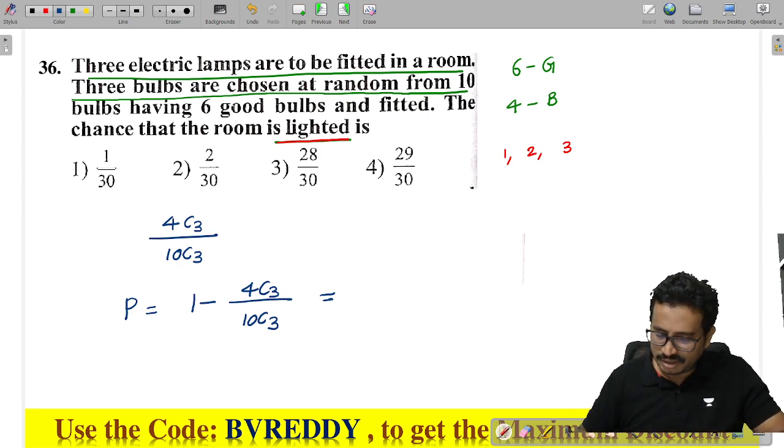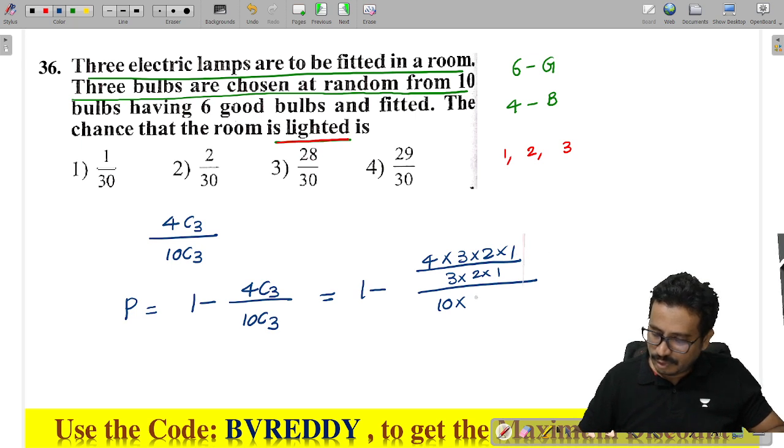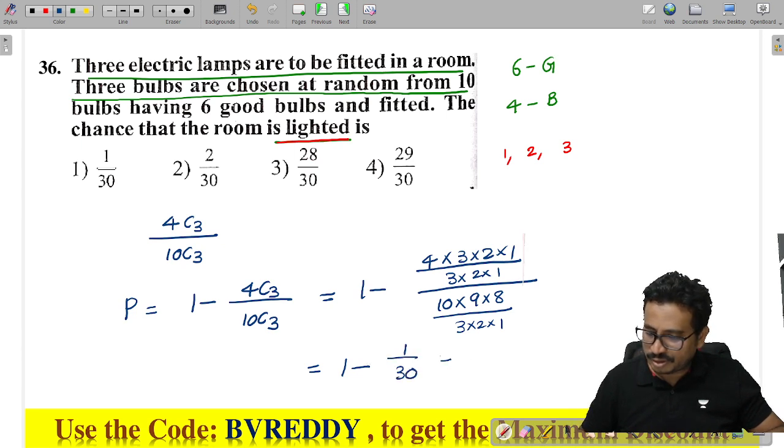Now let's simplify this. 1 minus 4 into 3 into 2 into 1 upon 3 into 2 into 1, by 10 into 9 into 8 by 3 into 2 into 1. Simplifying, we get 1 minus 1 by 30, which is equal to 29 by 30.